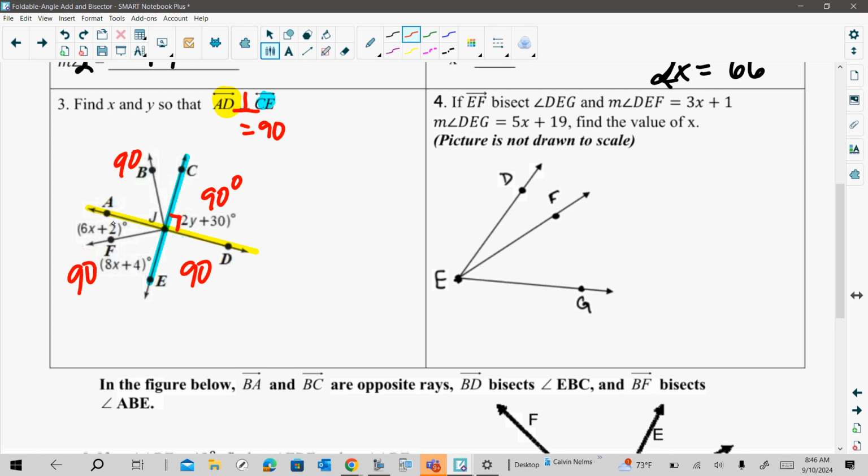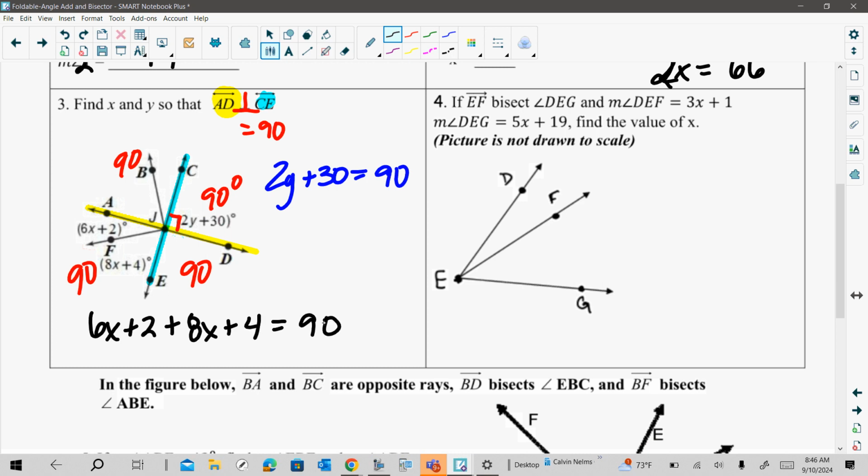So we're writing 2 different equations for 2 different variables. For the y, it's 2y plus 30 equals 90. And for the x over here, it's 6x plus 2 plus the 8x plus 4 equals 90. And then you're solving each one. Here, you'll get 2y equals 60. So y is 30 here.